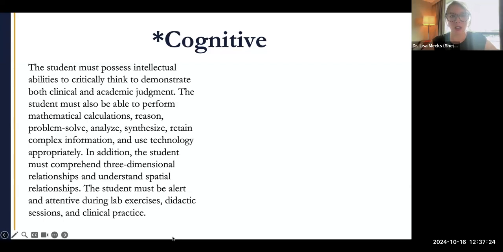The student must also be able to perform mathematical calculations, reason, problem solve, analyze, synthesize, retain complex information, and use technology appropriately. In addition, the student must comprehend three-dimensional relationships and understand spatial relationships. The student must be alert and attentive during lab exercises, didactic sessions, and clinical practice.